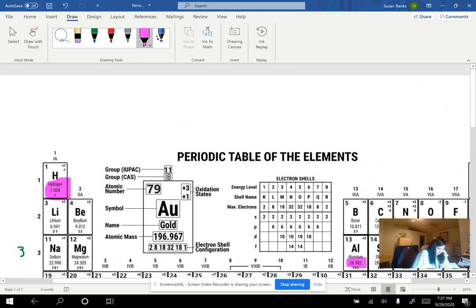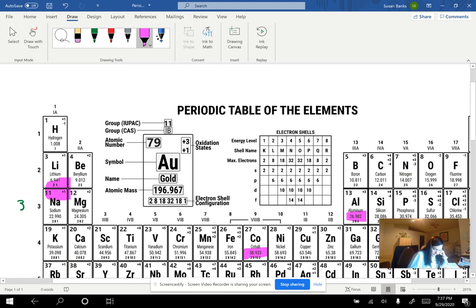Hydrogen gives us 1.01 and nitrogen is 14.01.